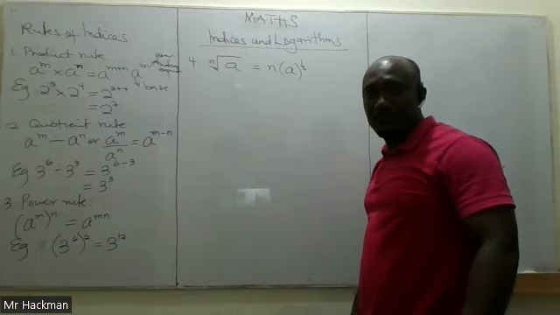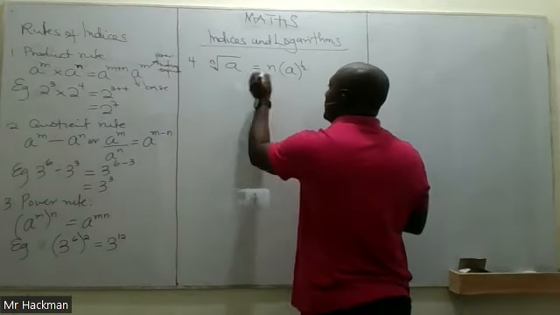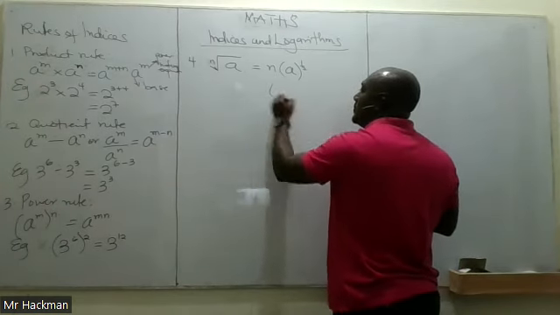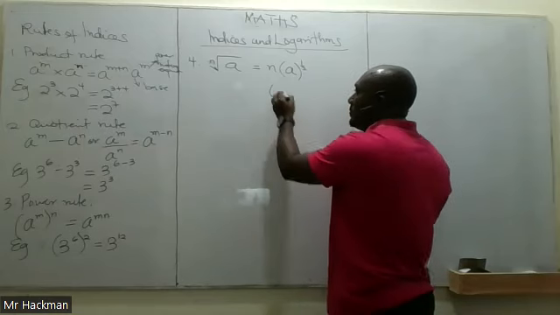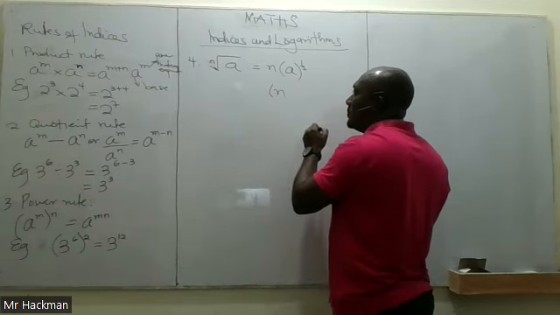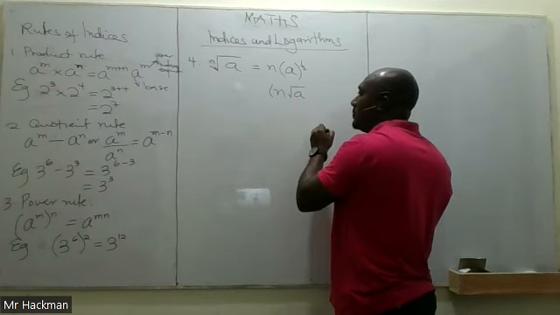I think it will be into brackets, n root of a, and then close bracket half.